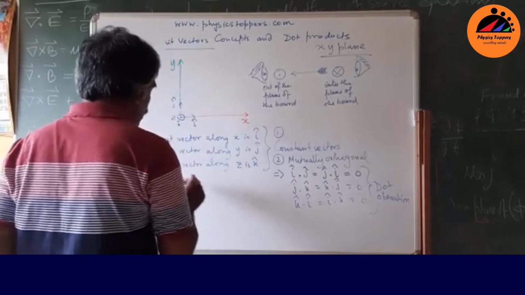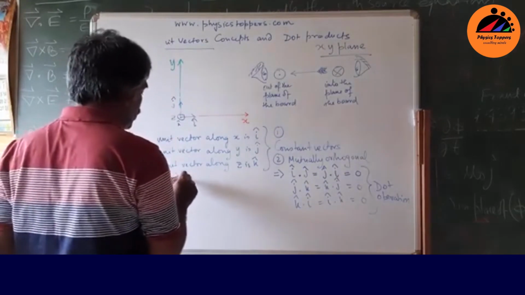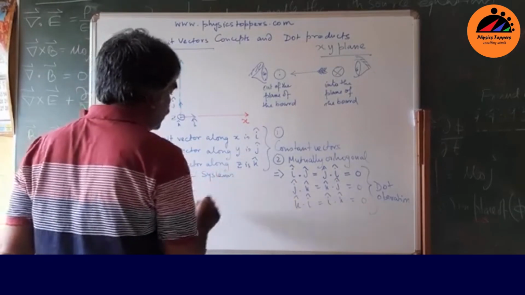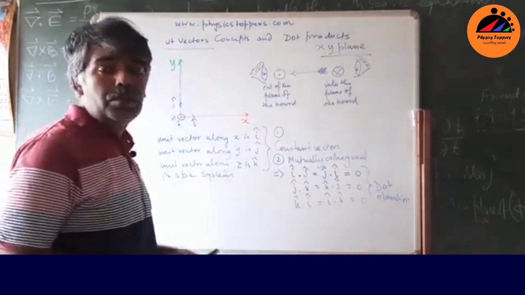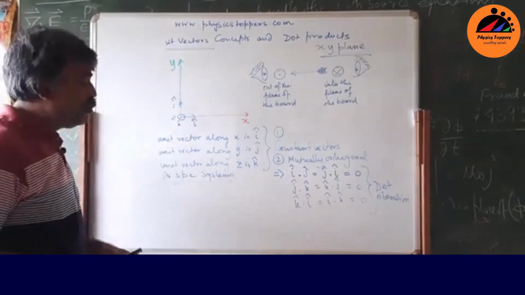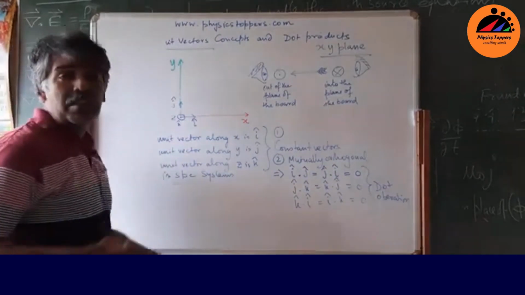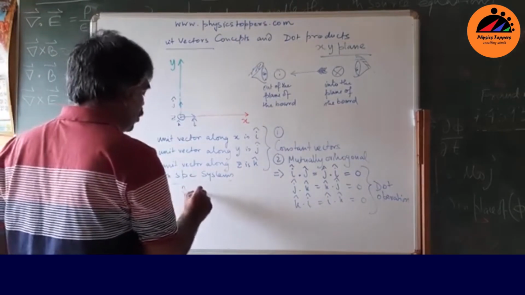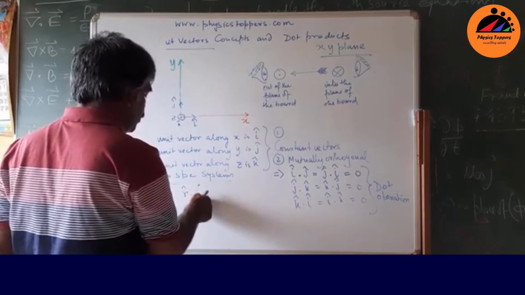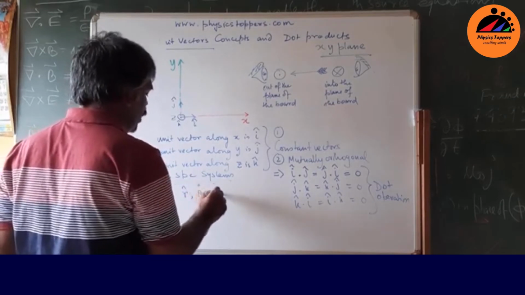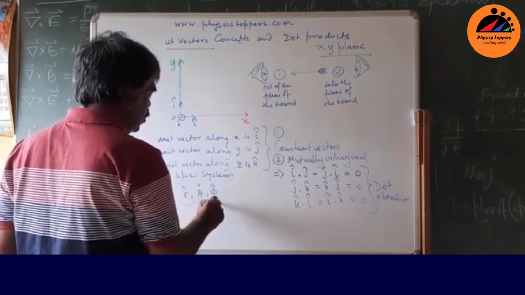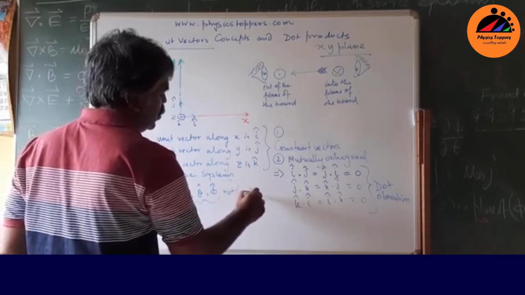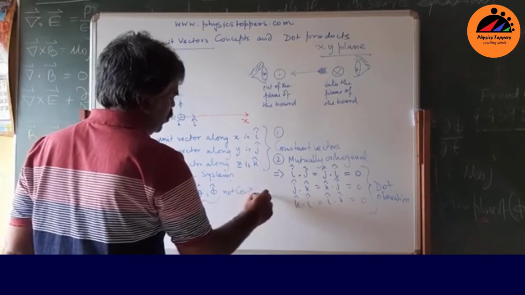Let me give you an example. In spherical polar coordinate systems, which I usually teach for JEE students because handling problems with this coordinate system is very easy and less time consuming, you have three coordinates, and along r cap, phi cap and theta cap, better to write this way, these are not constant unit vectors.